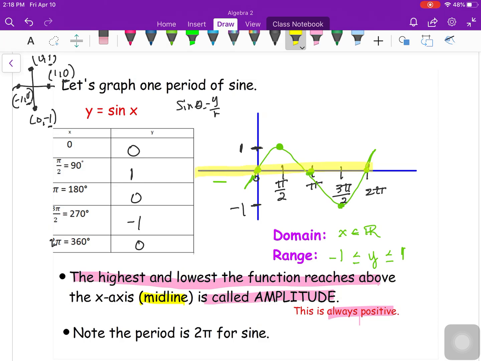So in our case, our midline is right here at y equals 0. So notice again, our period was 2 pi because one cycle to get from 0 degrees all the way around back here to 360 degrees gave me one cycle from 0 radians to 2 pi radians.